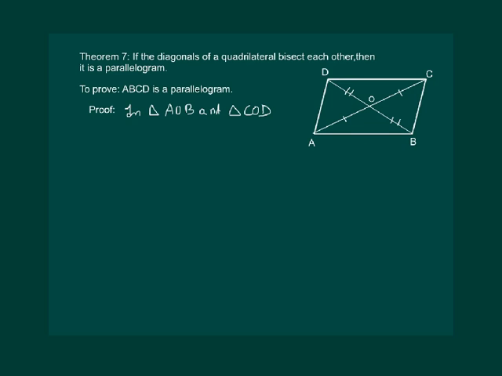For the proof, consider triangles AOB and COD. It is given that AO is equal to OC. This is given.